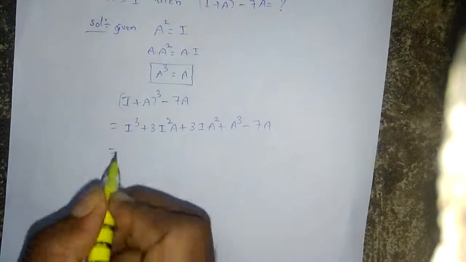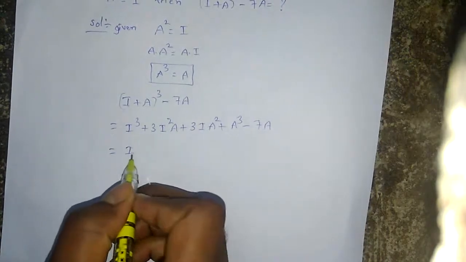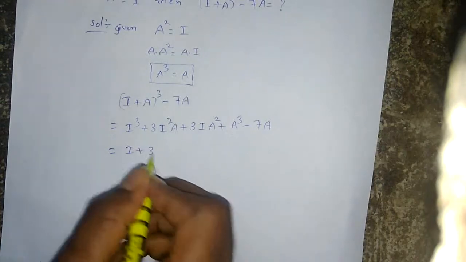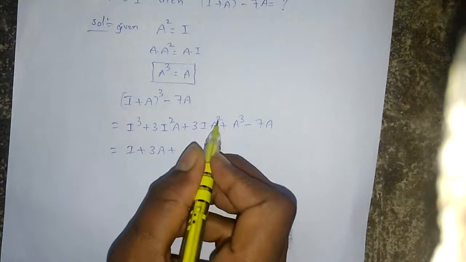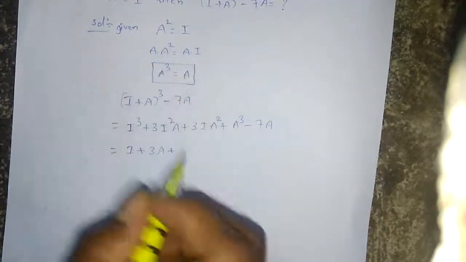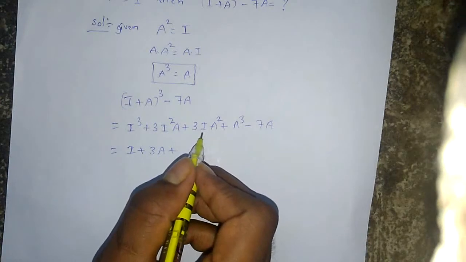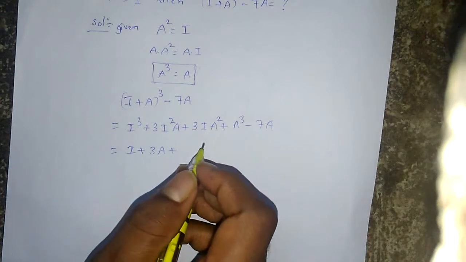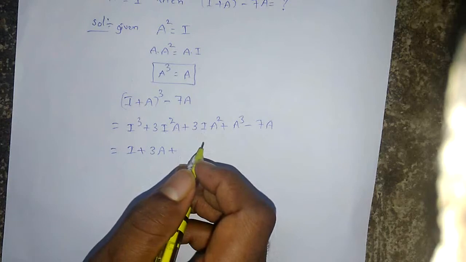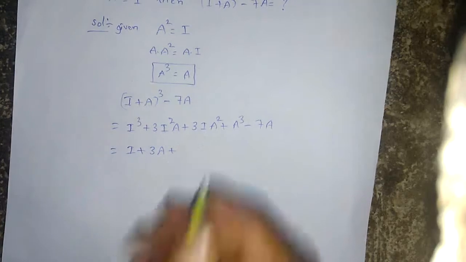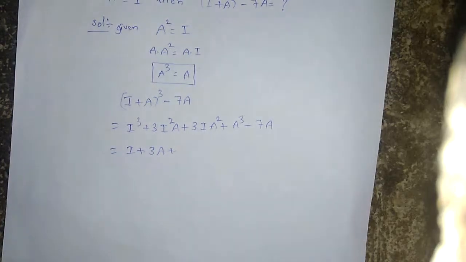So that is equal to I cube is I, I square into A is A, 3A, again A square is given as I. 3A square, I think there is a mistake here.